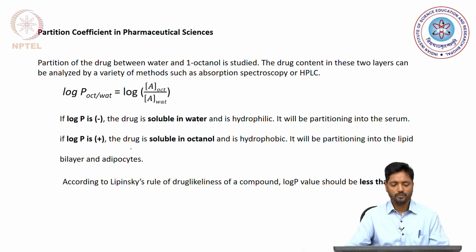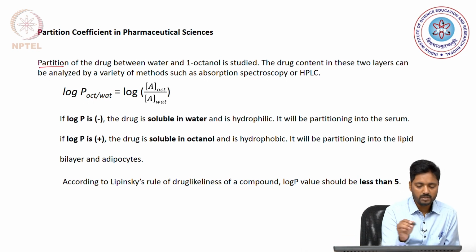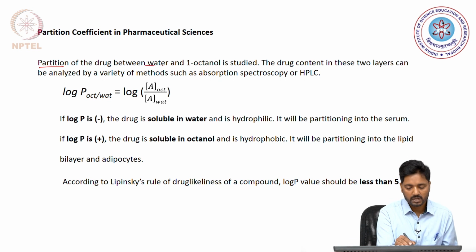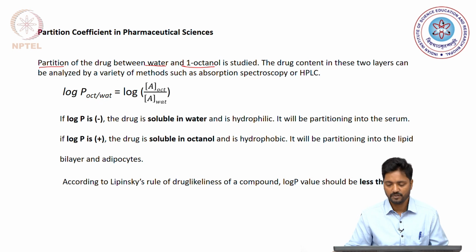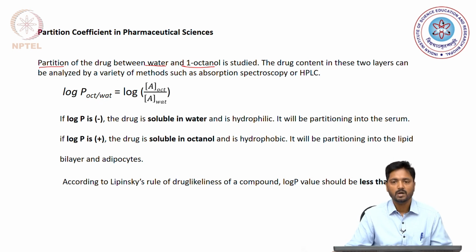So, in pharmaceutical parlance, the log P value is very commonly used to characterize a drug molecule, and in this exercise the partitioning of the drug between water as the aqueous phase and 1-octanol as the organic phase is studied. So, 1-octanol in this case becomes the organic phase in which the partitioning of the drug is studied.